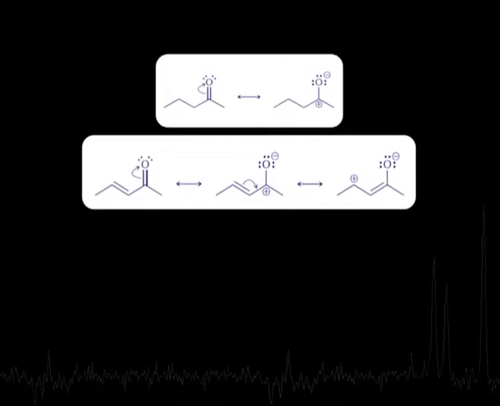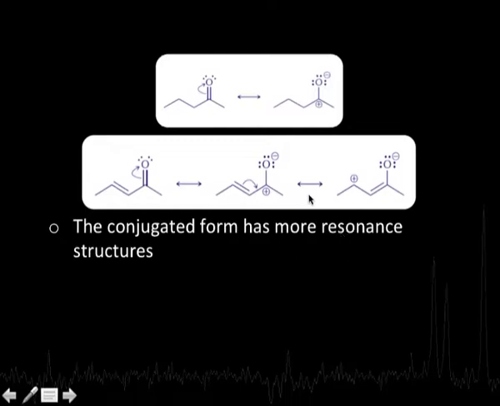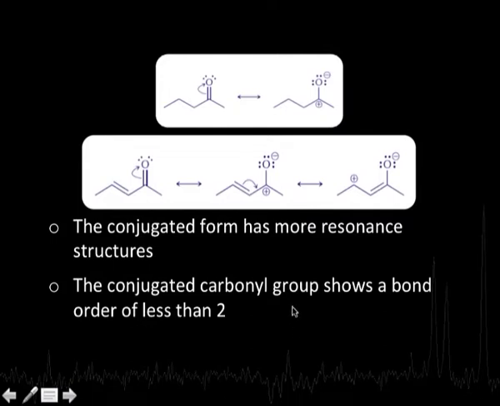So, here only two structures are there, here there are three structures, and this is more stabilized. As a consequence, this conjugated system has more structures and will have a bond order of less than 2, because these structures with charge separation have a carbon-carbon single bond over here, similarly here also. Since they also contribute to the overall structure, the overall bond order becomes less than 2.